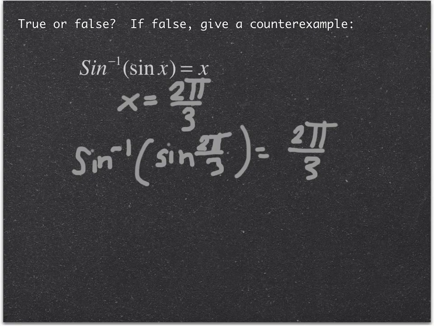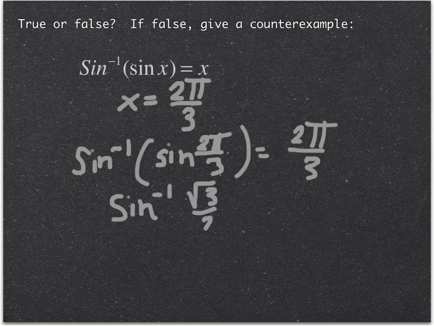Well, 2 pi over 3 is 150 degrees, no, 120 degrees, excuse me. So the sine of that is going to be the square root of 3 over 2, I believe. And then we have the inverse sine of the square root of 3 over 2. Will that always get me back to the 2 pi over 3?